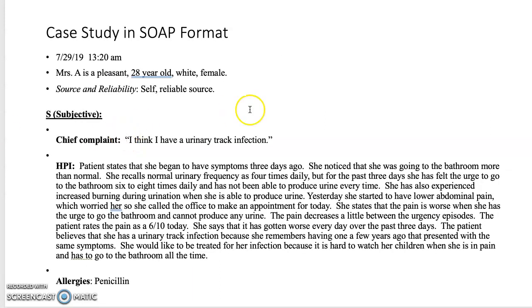The second example is a similar problem, but this is really in a case study SOAP format. This is not the type of documentation that you would be doing in the real world for this particular type of problem. This is more of a case study format.